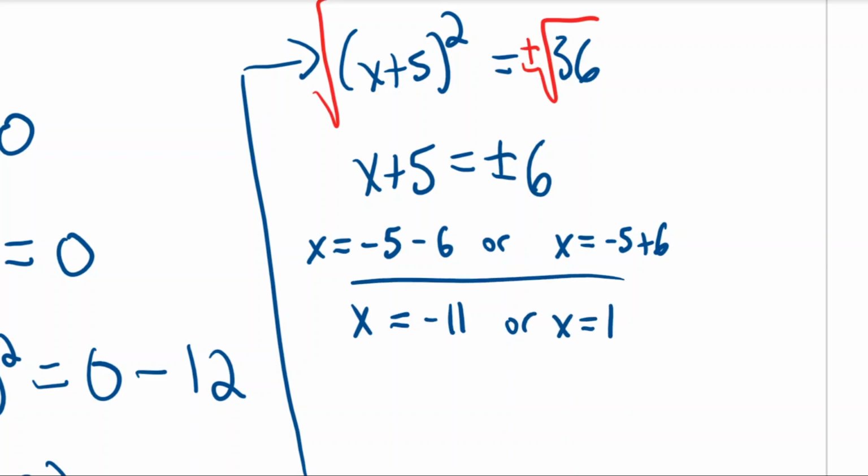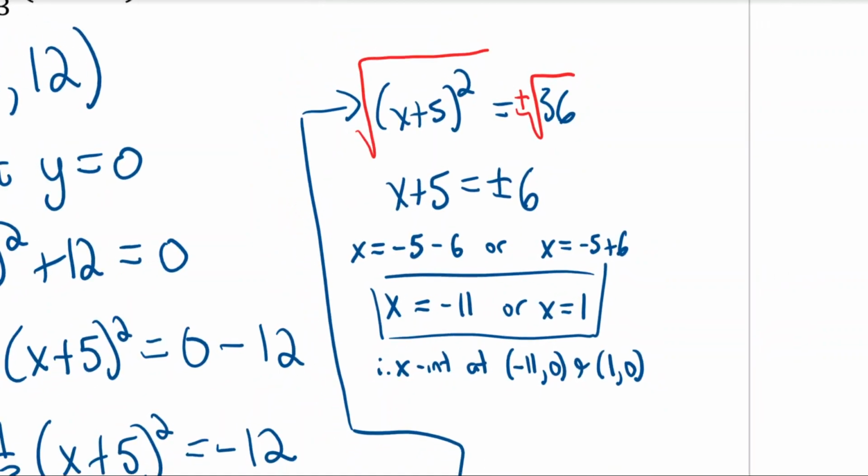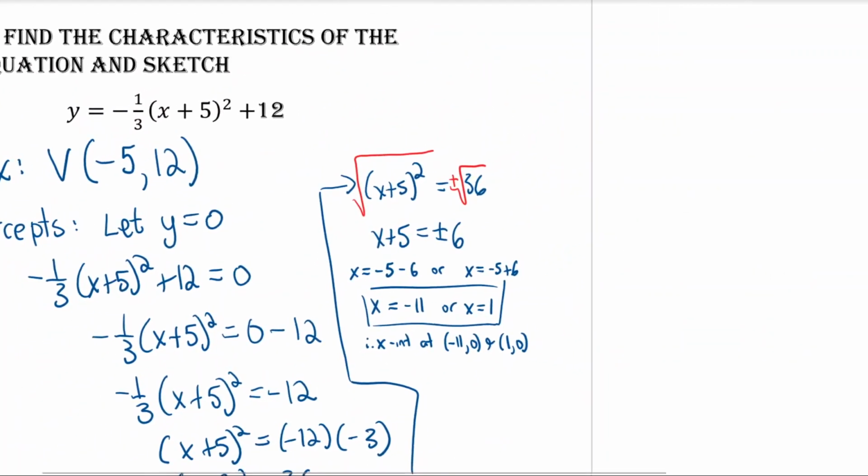Those are our x-intercepts. Boom. So we've got x-intercepts at negative 11, 0, and 1, 0. All right. We'll keep that in mind. We have our vertex so far and our x-intercepts.